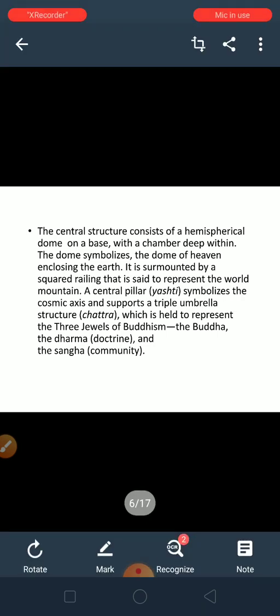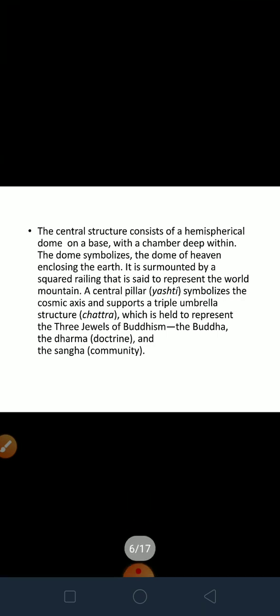Buddhism is a religion that follows the teachings of Lord Buddha. The first represents the Buddha, the second the Dharma and the third the Sangha, or the community. That means each part has a symbolic importance and is related to Buddhism and the teachings of Lord Buddha.